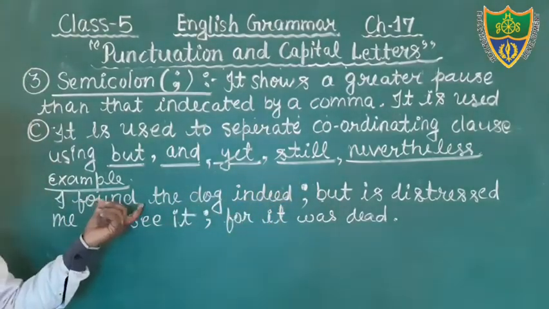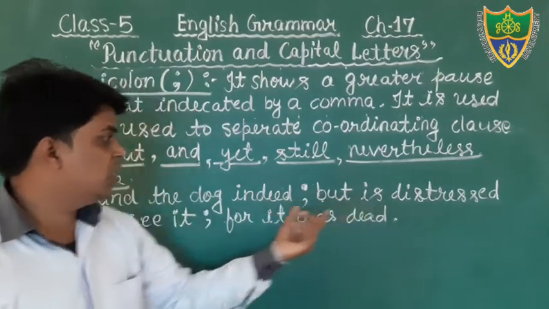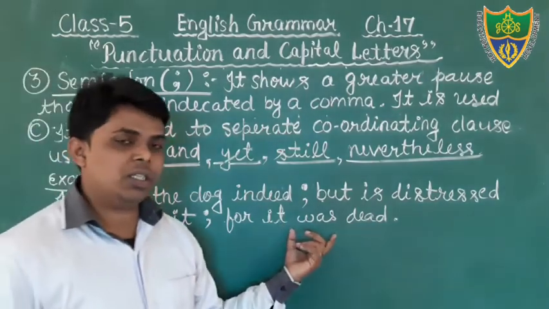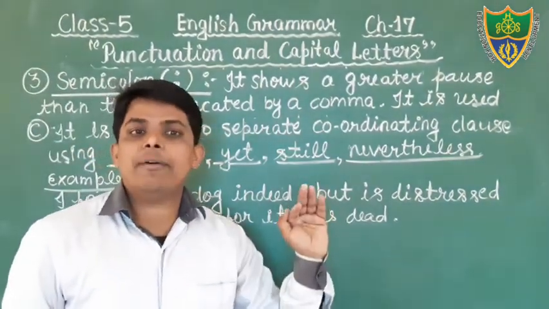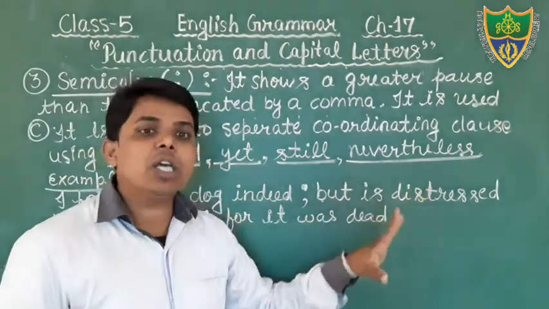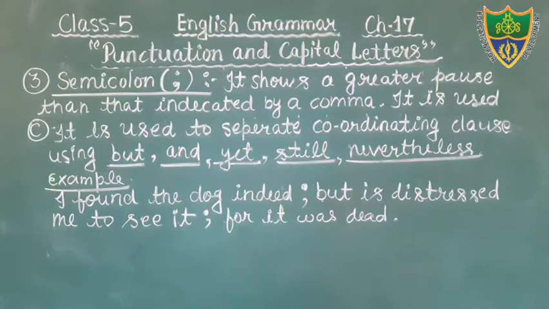Just see: I found the dog indeed; but it distressed me to see it, for it was dead. We are taking a brief pause between these sentences, therefore we will use the semicolon. Okay, students, I hope that you all have understood. You will write it also in your notebook. You may also take a screenshot of it.